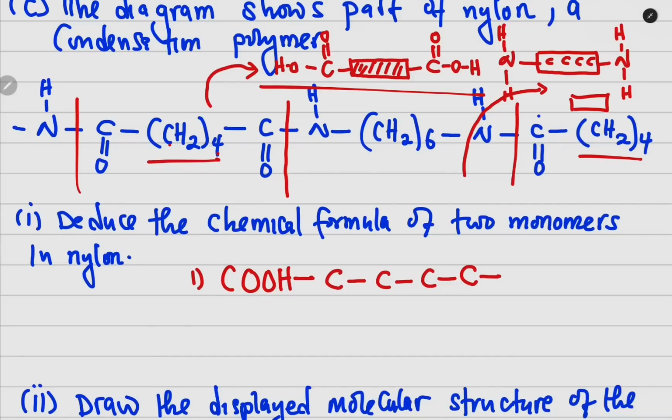Then how many hydrogens? 4 multiplied by 2, that is 8. So this becomes C4H8. The way it is, you can just connect it like this. Then of course here you have COOH, something like this. So that is the way it should be.